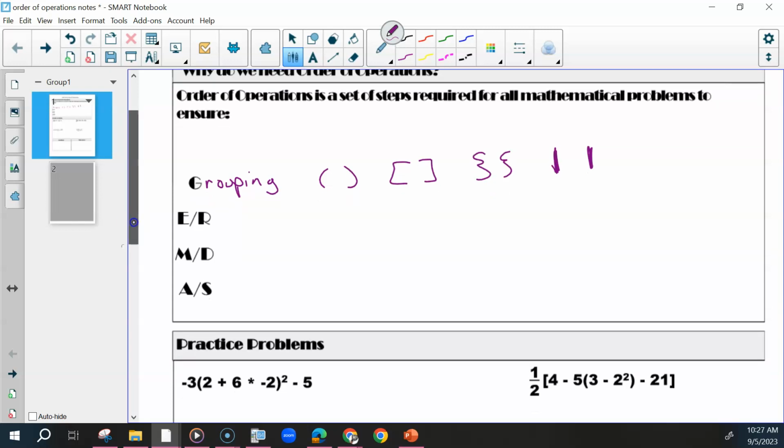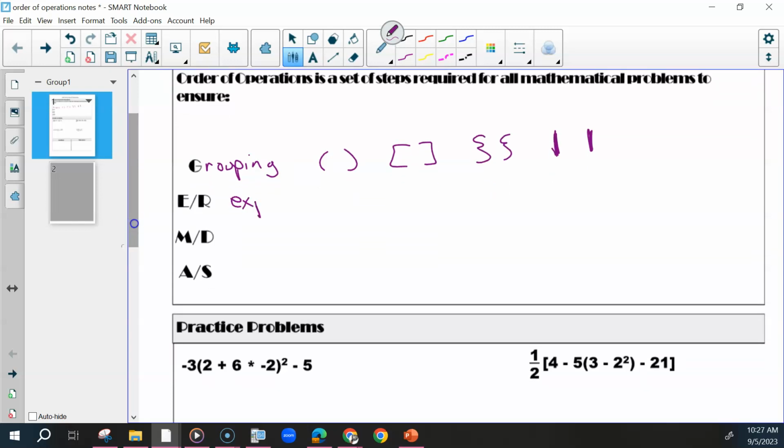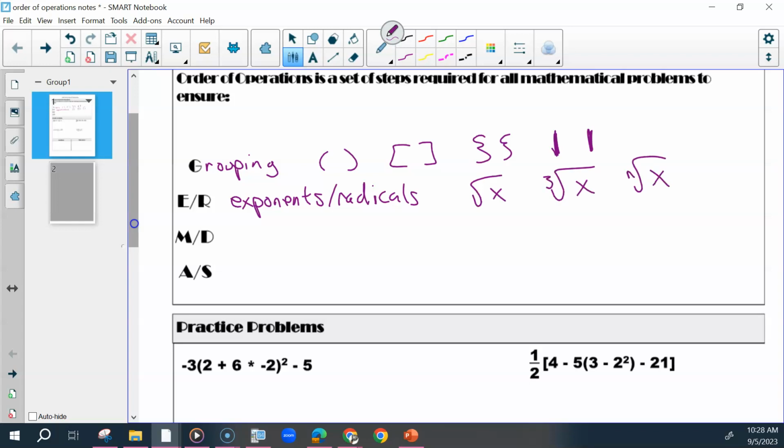Then we have exponents and radicals. Exponents is kind of self-explanatory. You raise to the second power, third, so on and so forth. Radicals are your square root, cube root, and nth root. Nth root is really any root, any number root. We are really only going to talk about cube and square, but you may have a fourth root, fifth root, something like that.